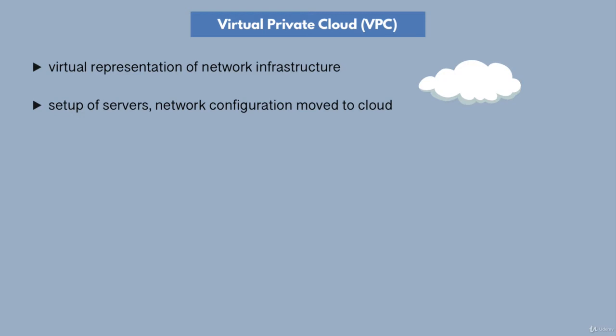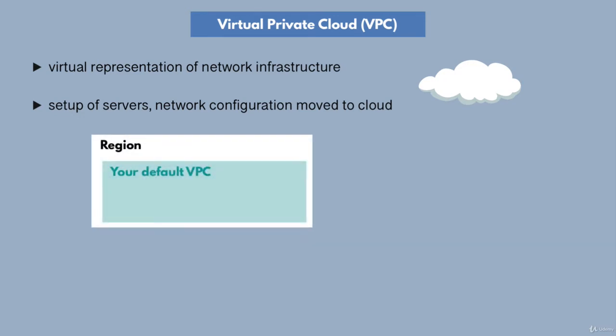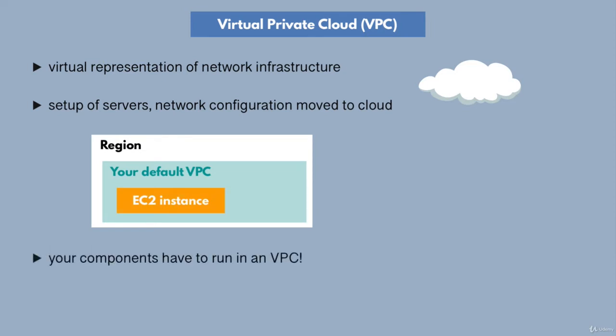So all of this physical network infrastructure is basically now moved in cloud, and VPC is the representation of this. And the reason why you have this default VPC in each region is that whenever you create an EC2 instance, or whatever component you're launching, it has to start inside a VPC.